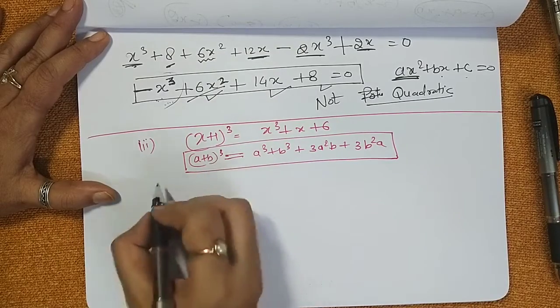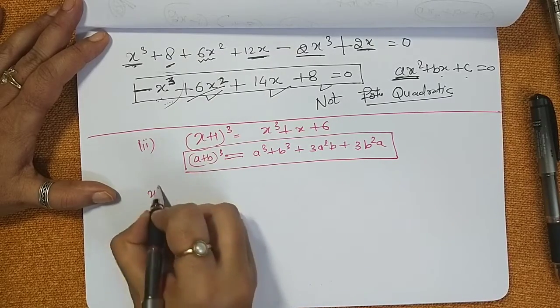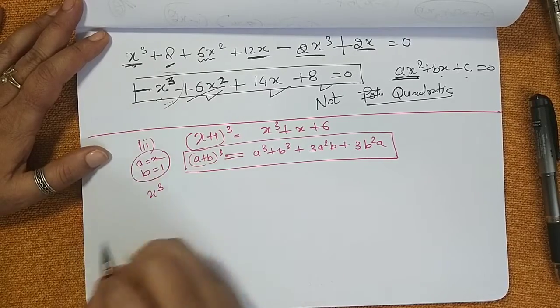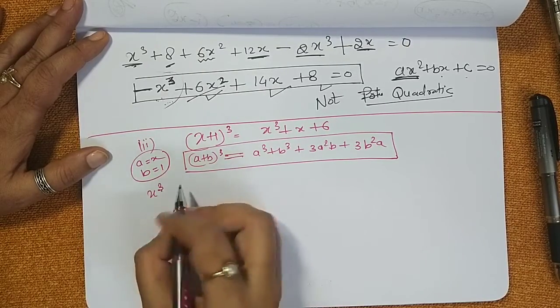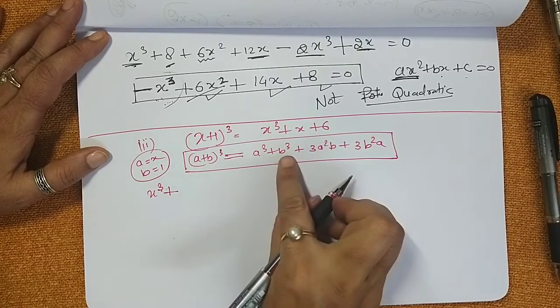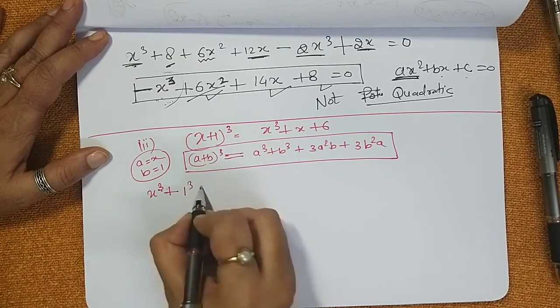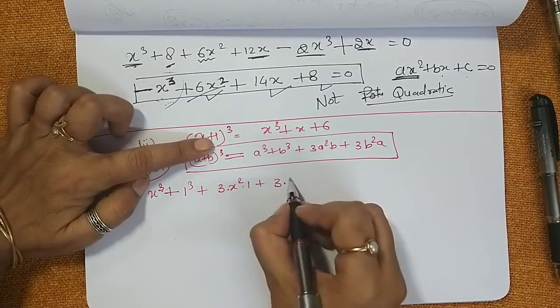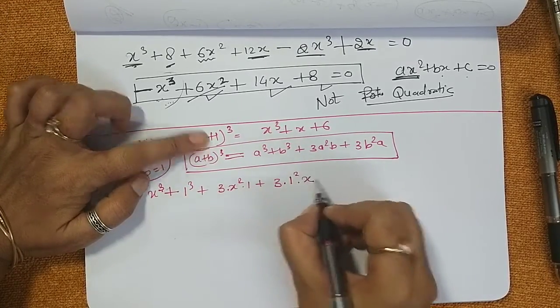So let me solve it. a cube plus b cube, so it will be x cube, because my a is x here and b is 1. So it is x cube plus 1 cube plus 3x square times 1 plus 3b square a. b square is 1 square into x.